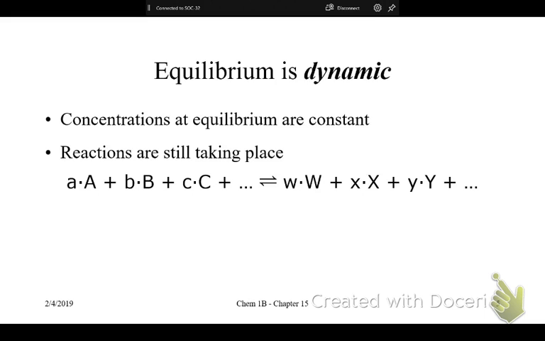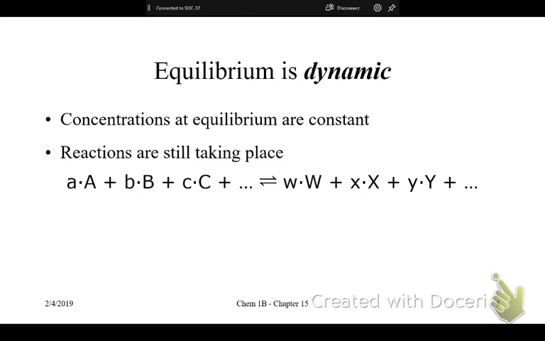Now, having said that, if the reaction looks like this, this is a really generic, gigantic reaction. Lowercase a is the stoichiometric coefficient, then uppercase A, lowercase b, uppercase B. The lowercase letters are the stoichiometric coefficients, the balancing numbers.